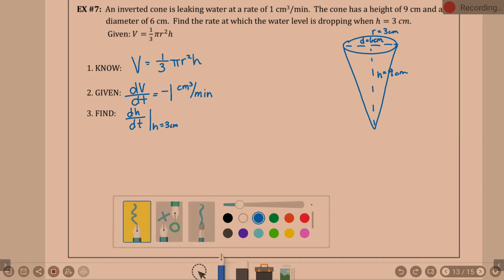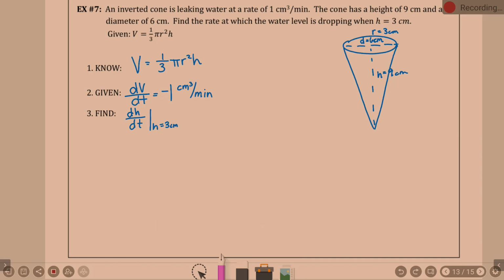When I go to differentiate this, I'm going to get a dV dt because there's a V. I'm going to get a dH dt because there's an H. And I'm going to get a dr dt because there's an R. I'm given dV dt. I'm asked to find dH dt. Did we ever mention a change in radius? Did we ever mention dr dt? We mentioned a value for R, but we never mentioned dr dt. So that is a problem.